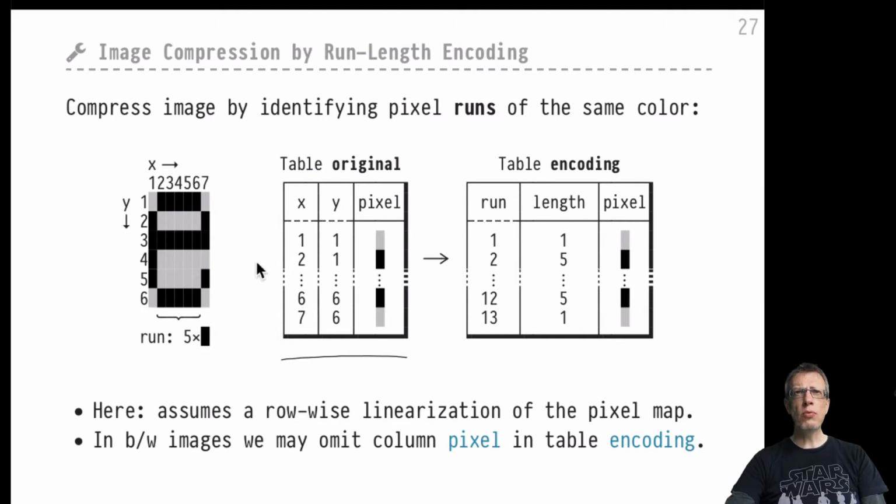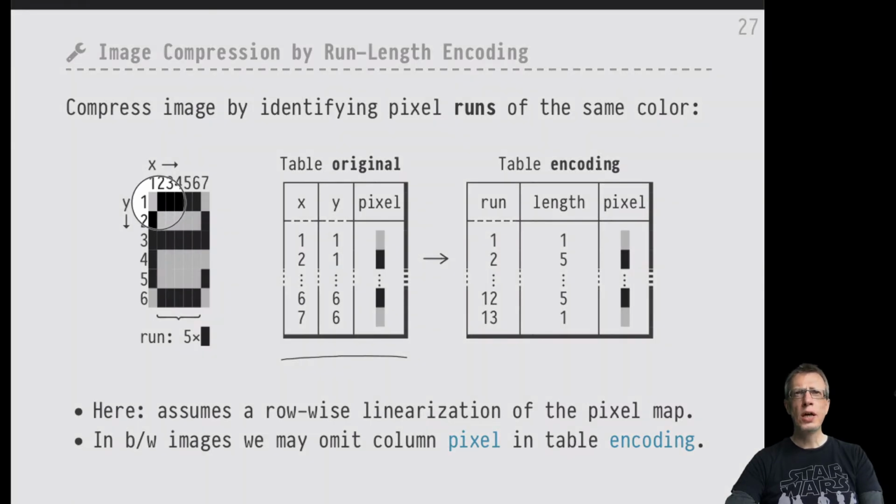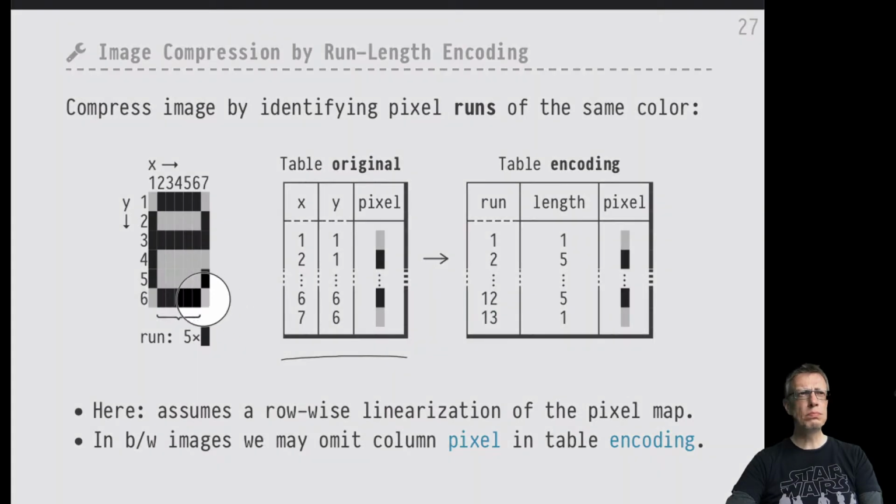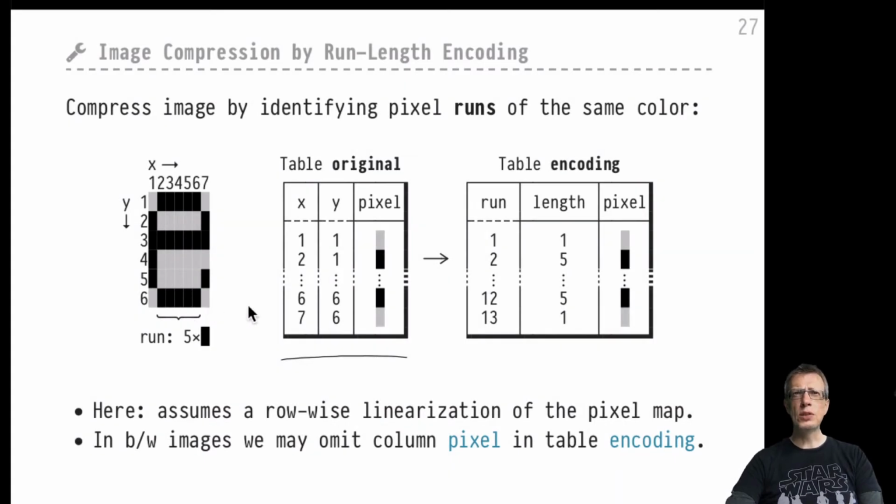Each of the 42 pixels would be represented by its individual row, augmented with the x and y coordinates, so that we can easily spot that x and y coordinates 1 is a light or white pixel in the top left corner, and for x coordinate 7, y coordinate 6, it would be the light pixel in the corner down right below. So 42 pixels, 42 rows in table original. That's quite some storage space we are investing here for the storage of this pixelated graphics.